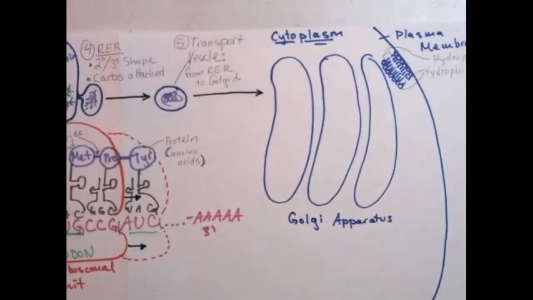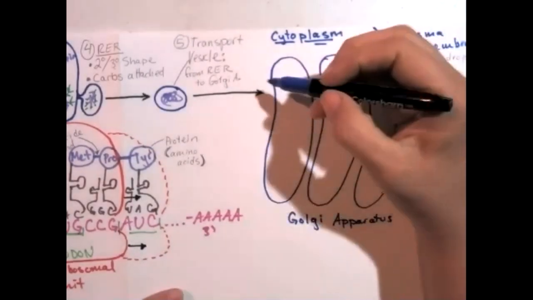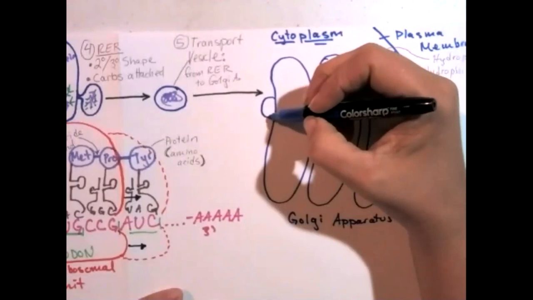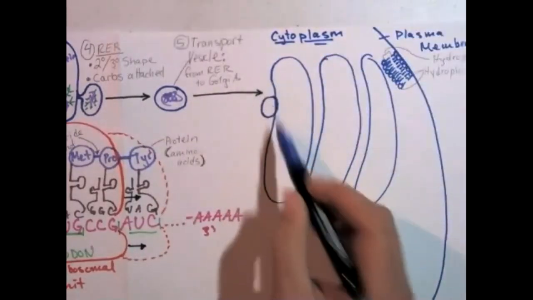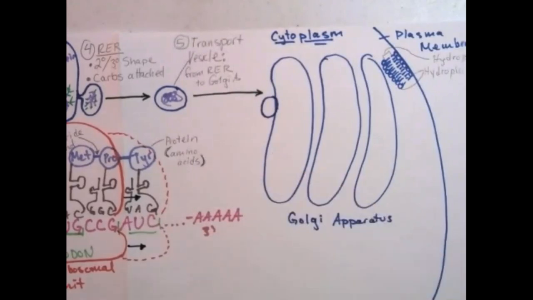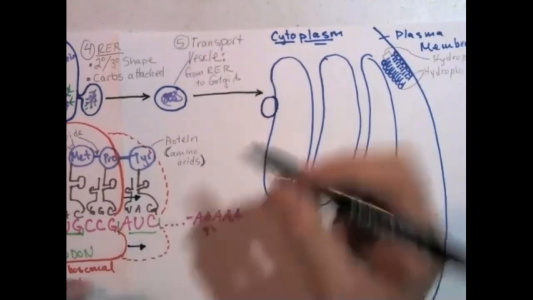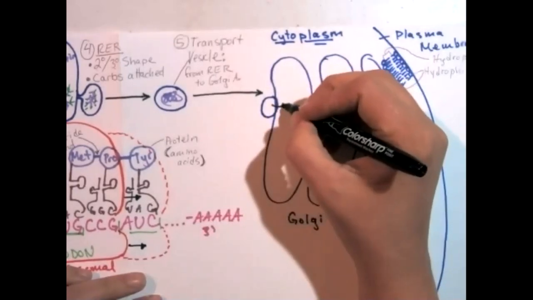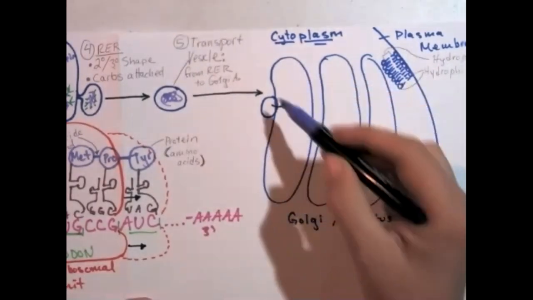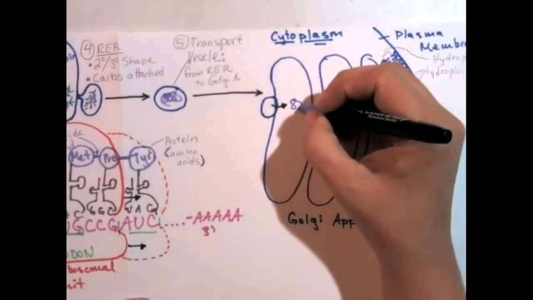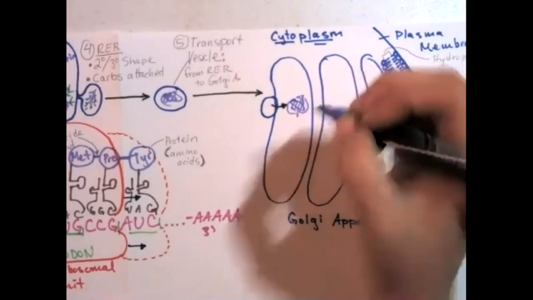So this is the Golgi apparatus or the Golgi body, depending on what source you look at. As soon as this vesicle touches the Golgi apparatus, the membranes fuse together completely automatically, and the contents of the vesicle are going to be dumped into the lumen, or the opening on the inside of the Golgi.